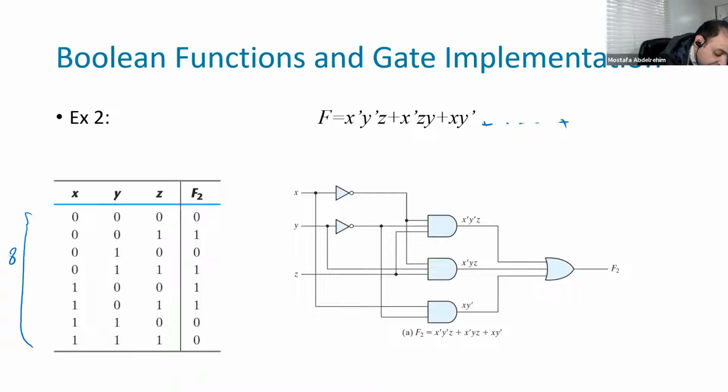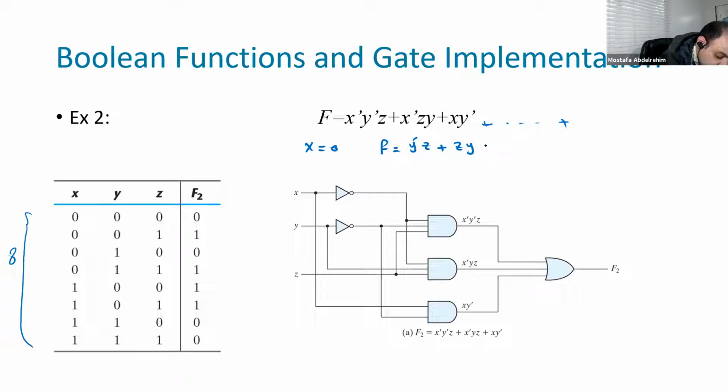If we have here x bar y bar z, x bar z y, x y bar. So basically, if x equals 0, then f will be equal to y bar z plus z y, and the final term will just go away.